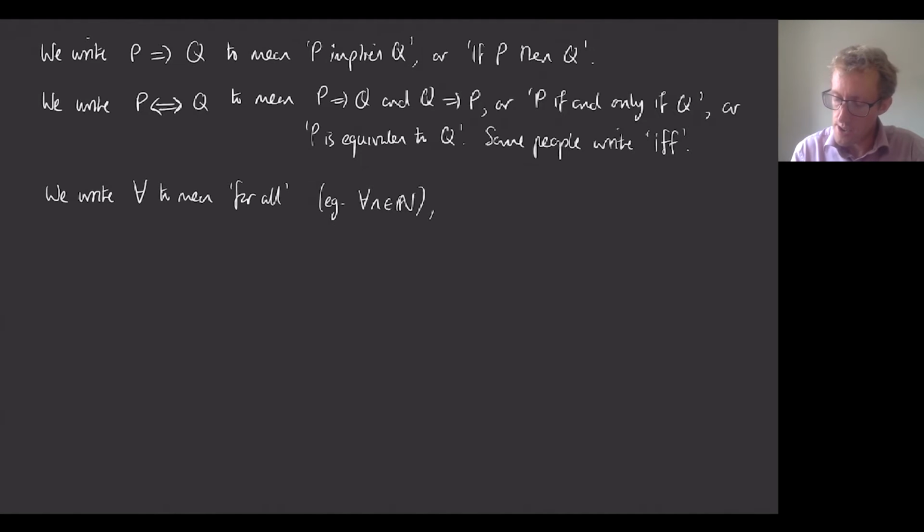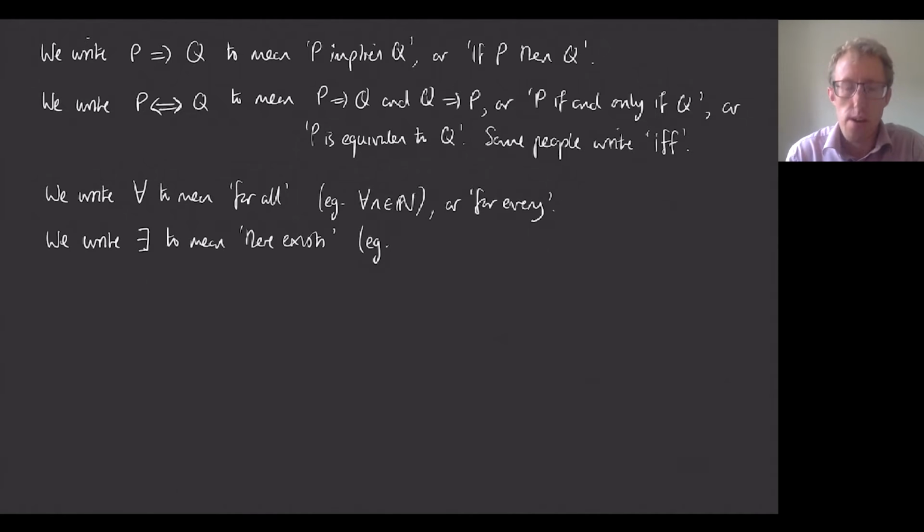Sometimes it's better to read it as for every, just depending on the context. And then another one is there exists, which we write as this backwards E. So we might say something like there exists x in the real numbers such that x squared is equal to 4, say.